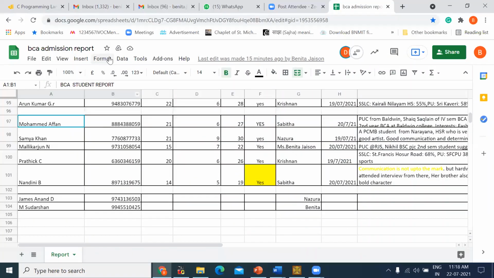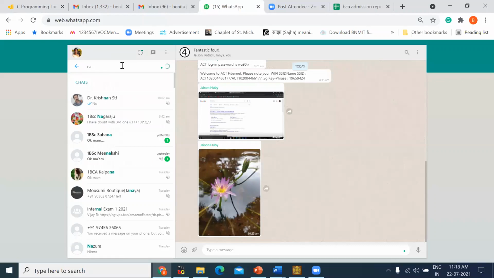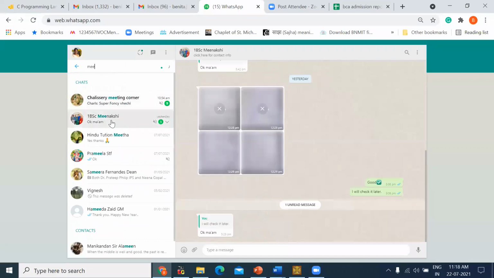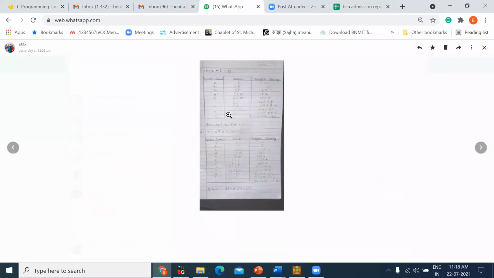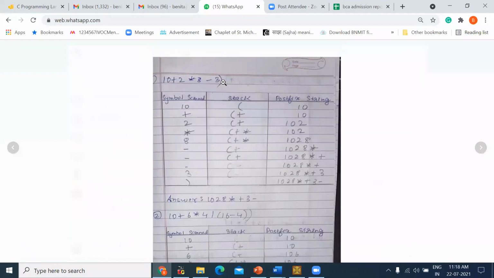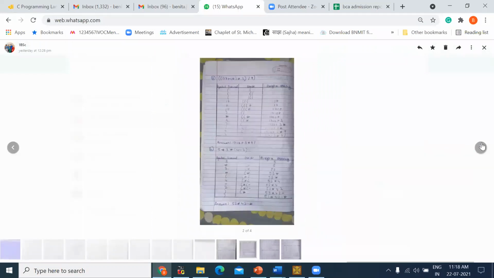I'll show you what they have executed and sent me. I took class for only 1 hour that day. They have completed all the examples, whatever I had given. Meenakshi, everybody, Sahana. After this program, I had asked them to do it for all the examples, and they did it and sent it to me. I didn't get time to check.